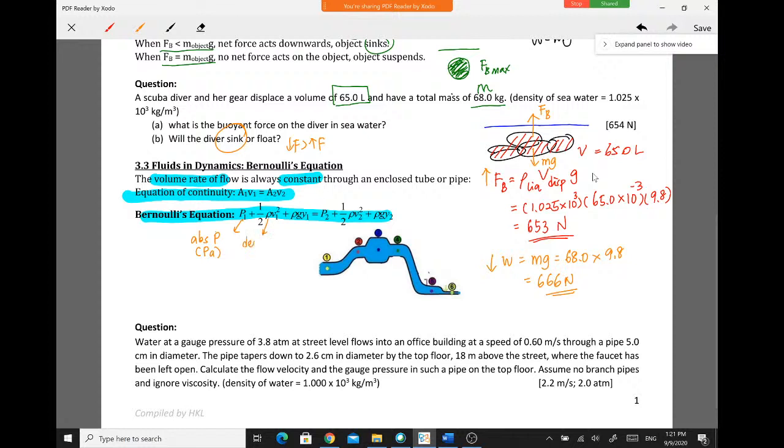Rho is again the density, V is the velocity, plus rho g y. g is the gravity acceleration, which is 9.8. y1 is the elevation in meter.